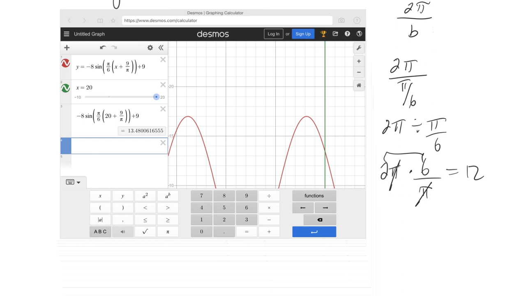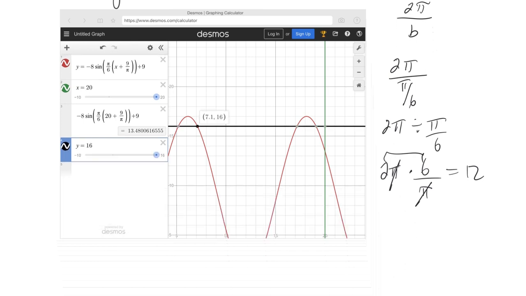And so you can graph y equals 16, and that puts a line across, and again, you can tap at any one of those points, and that'll determine the time when the height of the Ferris wheel is at 16. So at 5 seconds, 7.1, 17.17, 19.1, at each of those times, the graph will hit 16 meters up. All right, hopefully that helps you with those two questions.